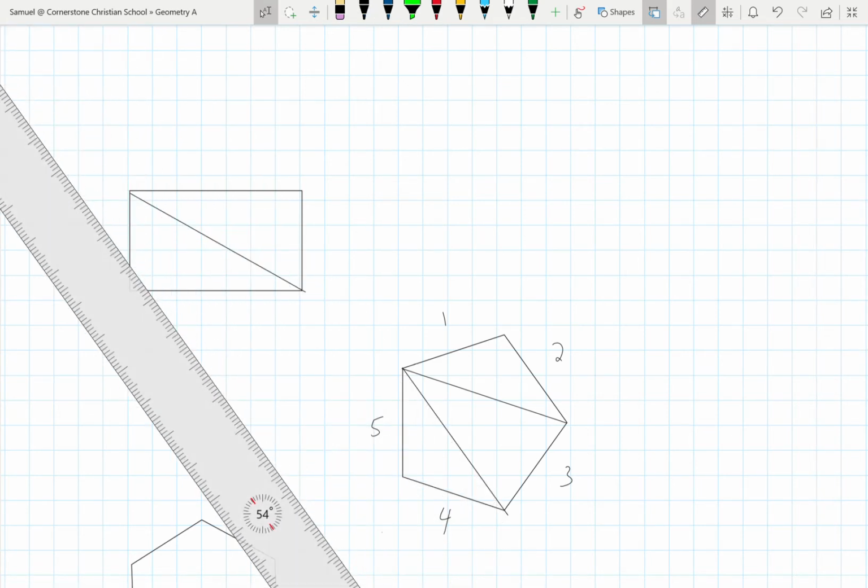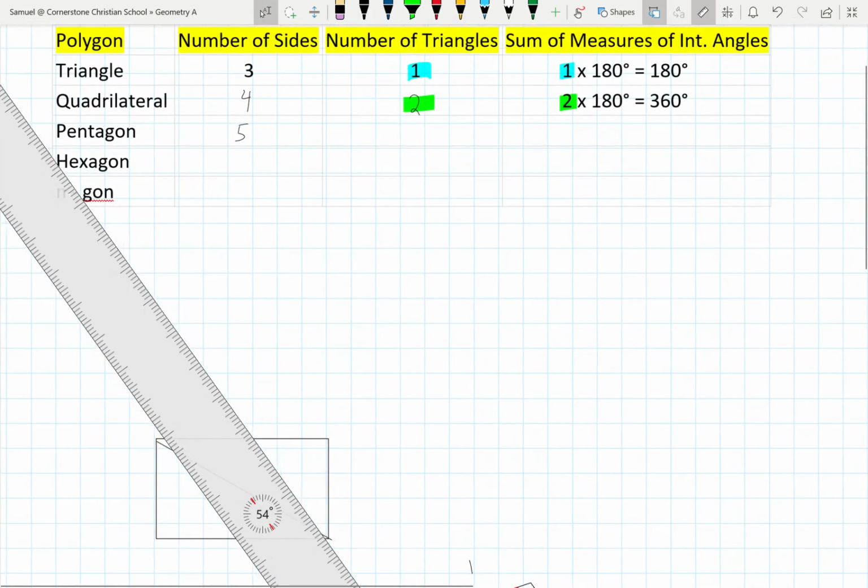And so we can break this pentagon into 3 triangles. This triangle up here is going to be 180 degrees, this one 180 degrees, and this one 180 degrees. And why this works is because this is all referring to the vertices of my triangle, or in this case, my pentagon. And so all of these 180 degrees added together are going to give me the sum of the interior angles of a pentagon.